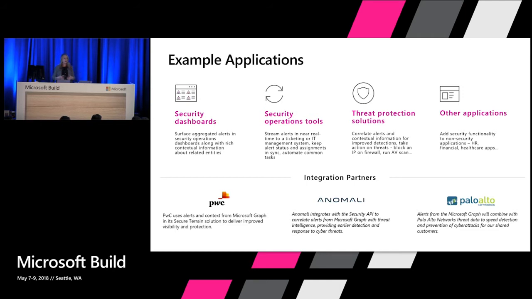So they can pull in that aggregated list of alerts into their dashboards. They can enrich that with the additional contextual information, both security data that's available via the security API and other organizational context, which is available through the other Microsoft Graph entities. And they can use that information to inform their approach to triaging those alerts or responding to them.